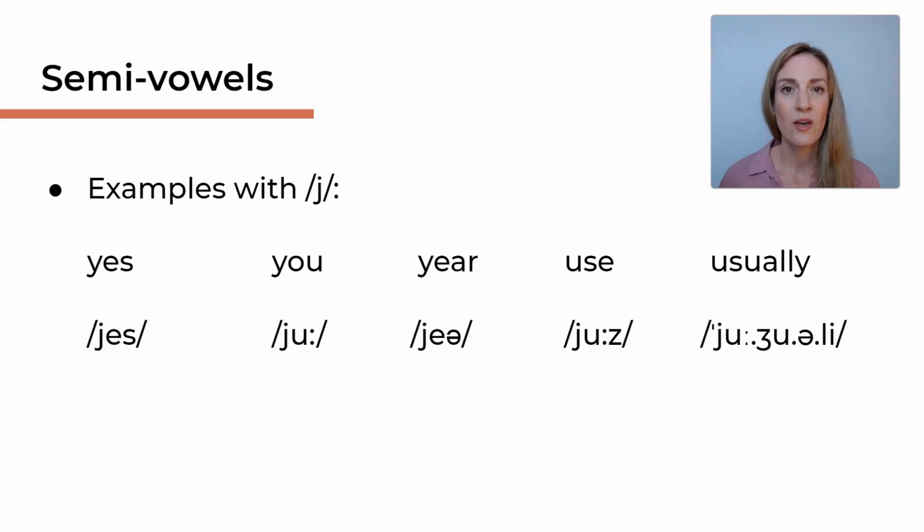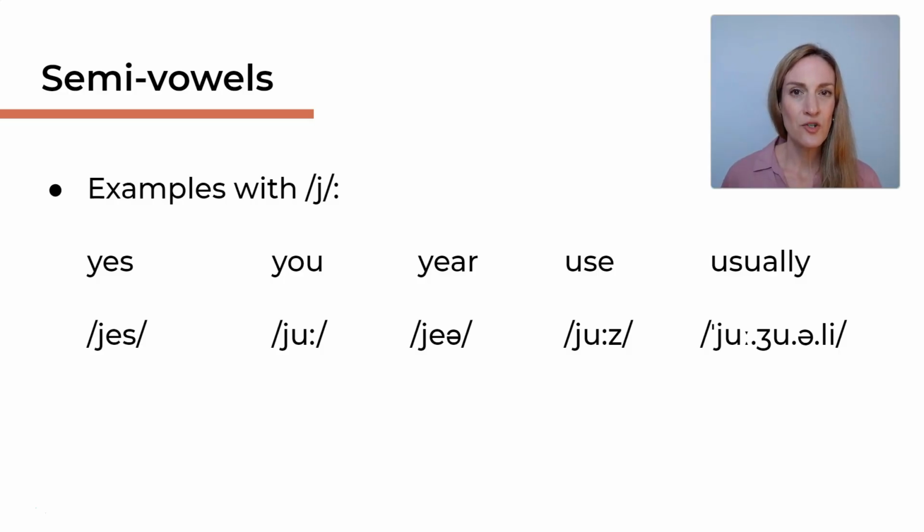But then there's also use and usually, and here y is represented through the letter u. Now, I have added the phonemic transcript underneath, just if you're curious and you want to see what it actually looks like if you were to transcribe the word. And so it's very clear that there's always y plus another vowel, like I just explained before.